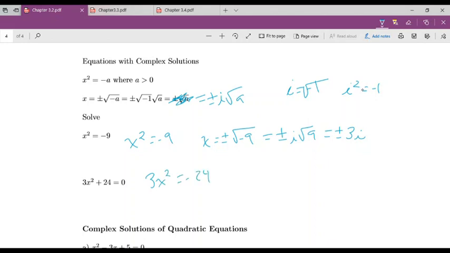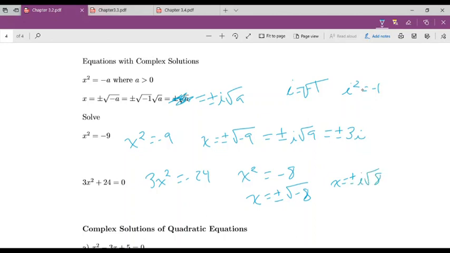So if we do this one, solve for x, 3x squared equals negative 24. All I did was move the 24 to the right hand side. Now if you divide by 3, you get x squared equals negative 24 divided by 3, which should give you negative 8, right? Now that means x equals plus or minus the square root of negative 8, which means x equals plus or minus i square root 8.